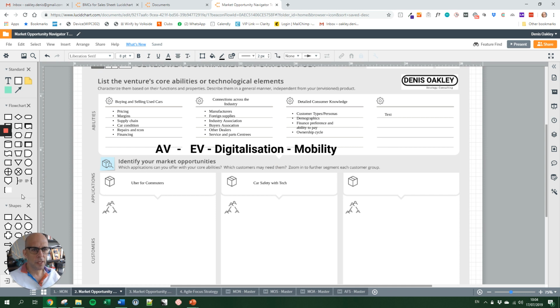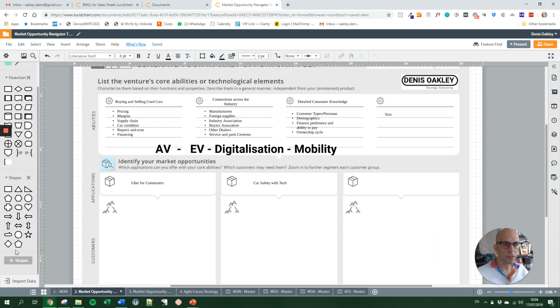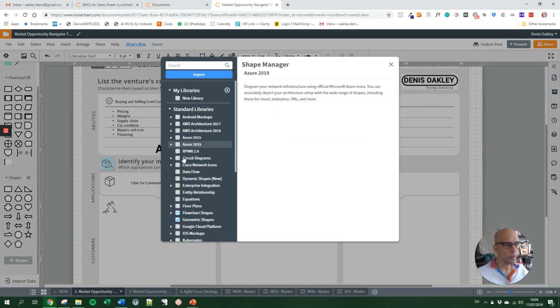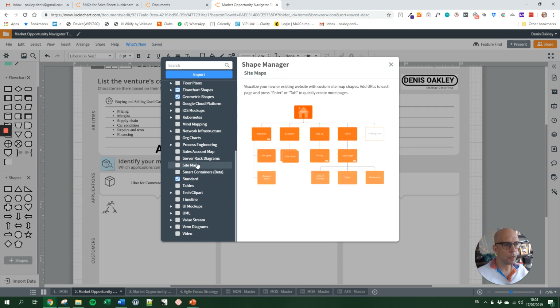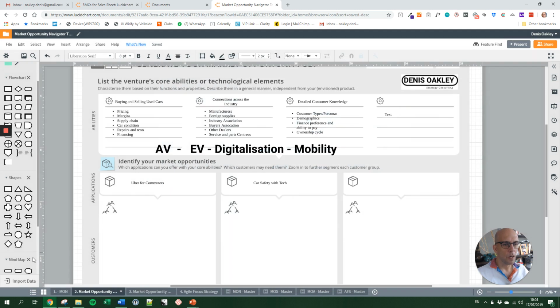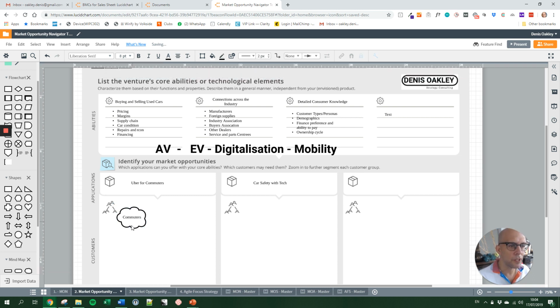So now I just need to find my right flowchart. Can I just move this? I'm going to move that across there, and I need a new shape. I need a different library. I need mind mapping. Here we go. So let's put it in. So the mind map. Okay, let's think about commuters.